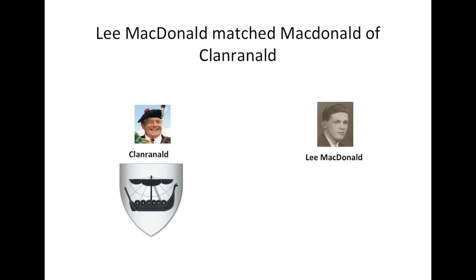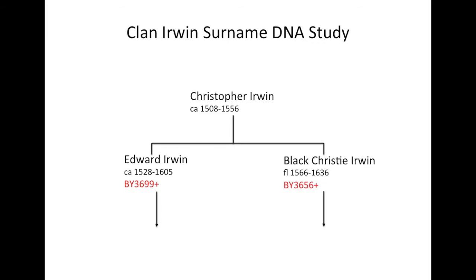And of course, he also knows from the further testing that he's descended from John, son of Alan Macdonald, 9th of Clanranald, who lived at the end of the 16th century. So a clear link has been made to a known historical figure living around 200 years before his earliest documented ancestor.